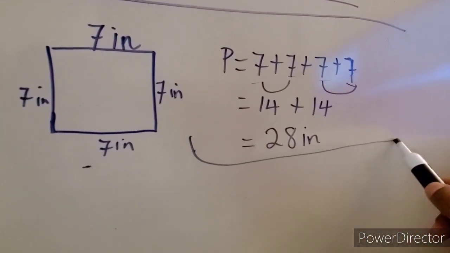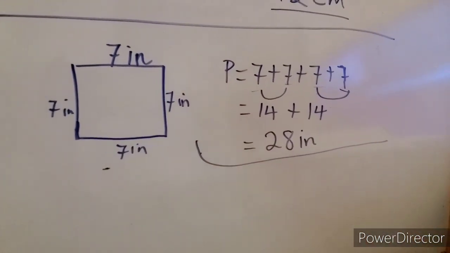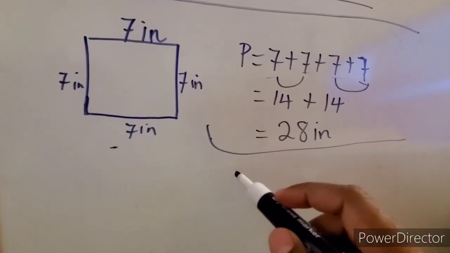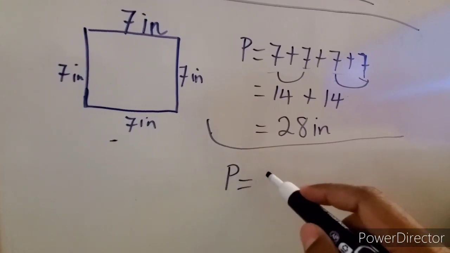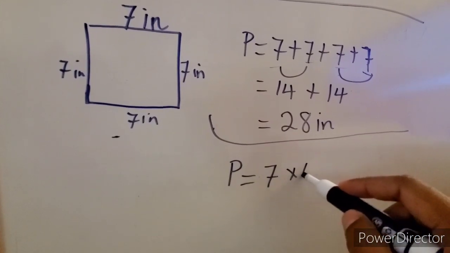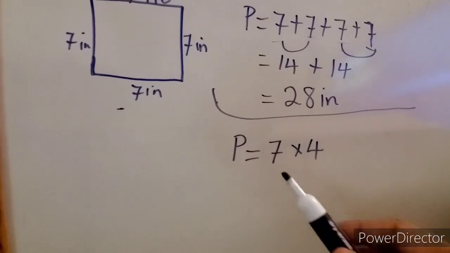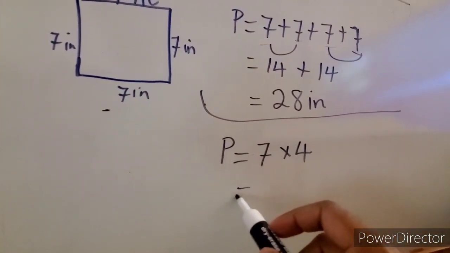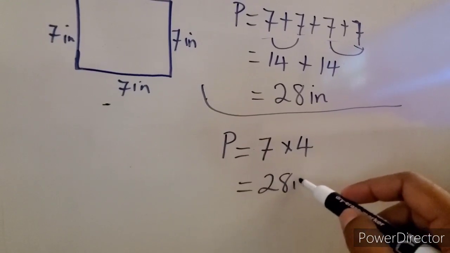Instead of adding them all up, 7 plus 7 plus 7 plus 7, since it's a square, we could also say perimeter is equal to 7, which is one side, multiplied by 4, because it's 4 sides. And the 4 sides are equal. So 7 times 4. 7 times 4 is 28 inches.